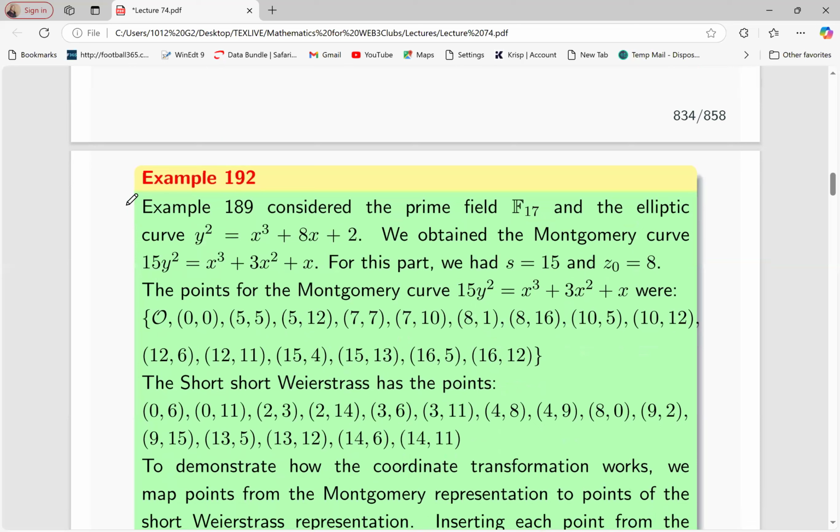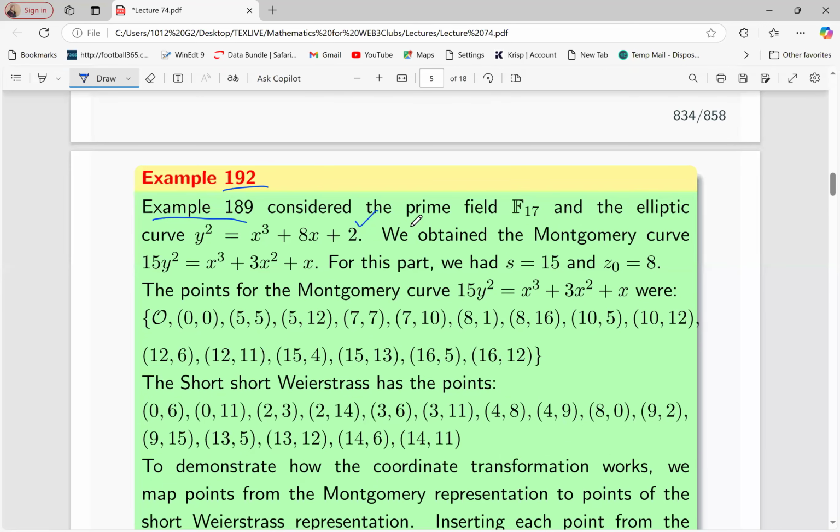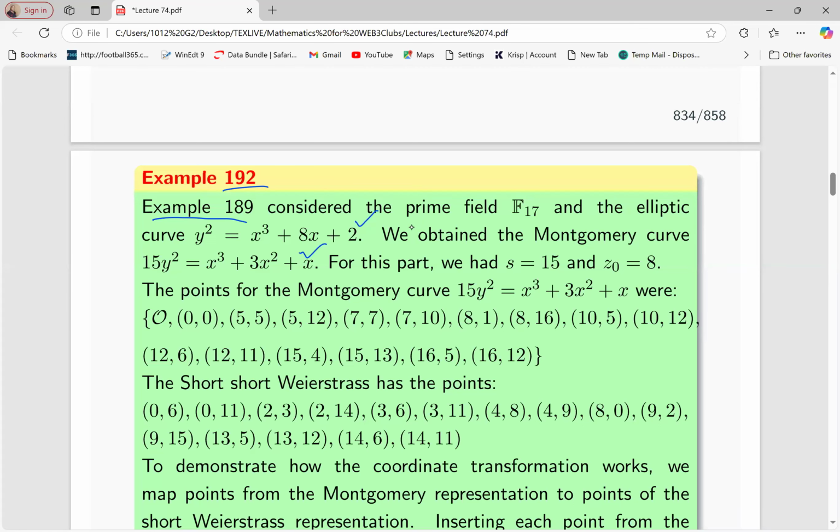Now let me look at this example, and I'm referring to the previous example. In the previous example, we had been given the short Weierstrass equation as that, and we used this short Weierstrass to obtain the Montgomery equation.